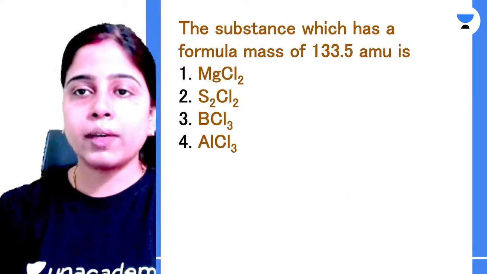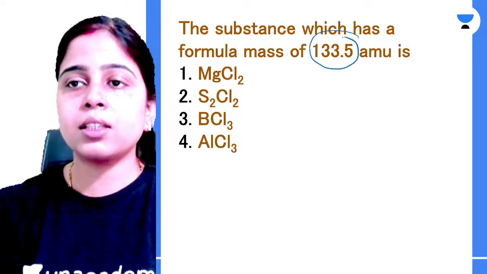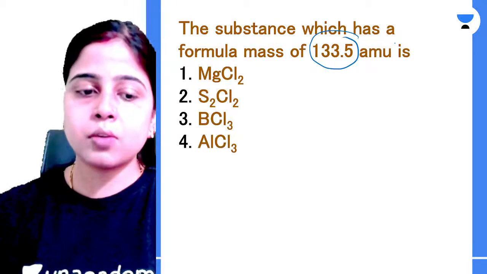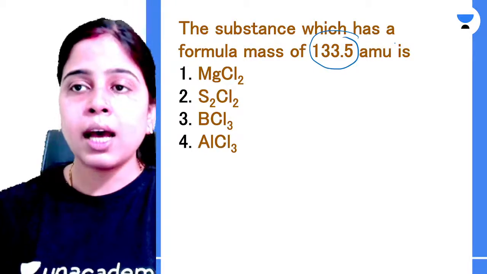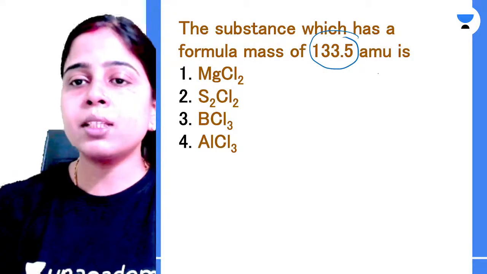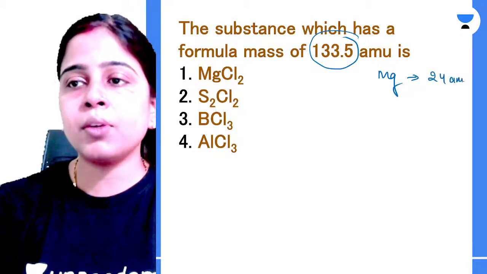Let's try some more questions. A substance which has a formula mass of 133.5 AMU is... Which of the given molecules of the compound has the formula mass of 133.5? Let me tell you the atomic mass of magnesium, it's 24 AMU.